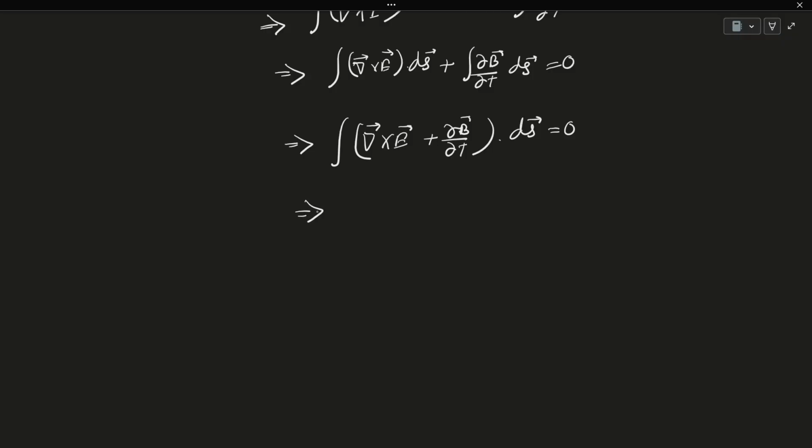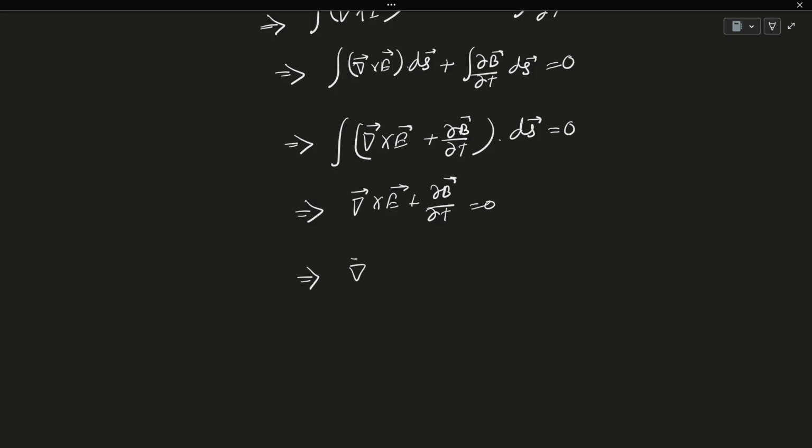Now similarly, as we have talked before, this value of integration is 0 independent of the surface. So what I can write is minus del B del t plus del B del t equals to 0.